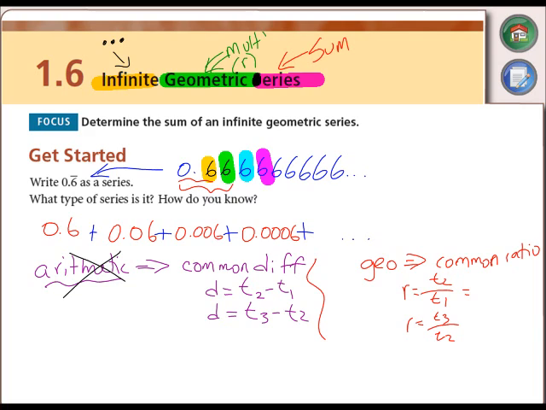Is 0.06 divided by 0.6 the same as 0.006 divided by 0.06? And oh, hey, look at that. They are. It comes out to 0.1, or in other words, 1/10. We like to use fractions instead of decimals there. That kind of makes sense, because the places, tenth, hundredth, thousandth, are 1/10 of each.